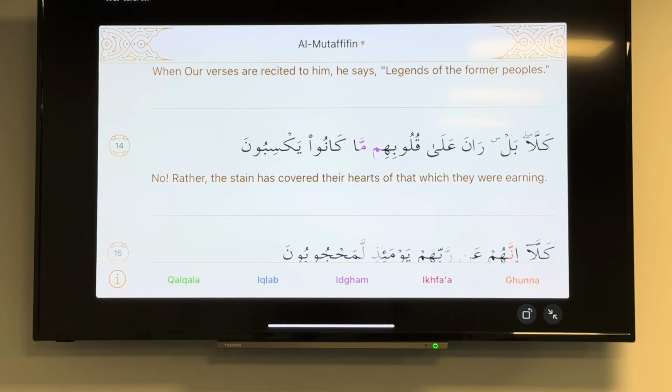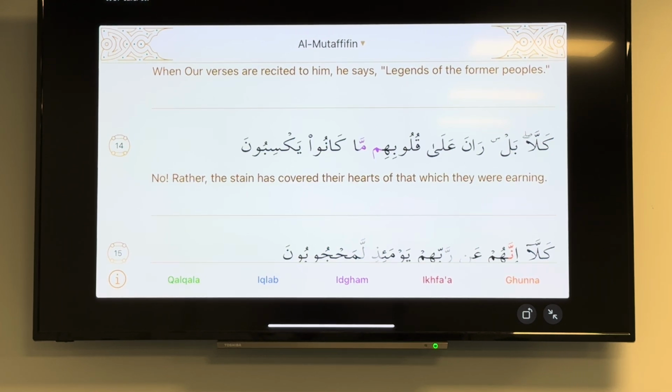So how are we going to read this? كلا بل ران على قلوبهم ما كانوا يكسبون. My 2-count holding was over here. كلا بل ران على قلوبهم ما كانوا يكسبون.